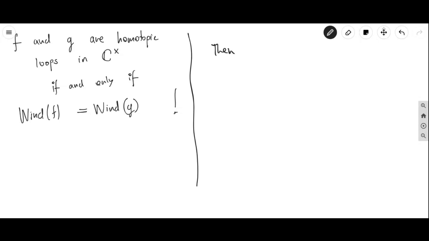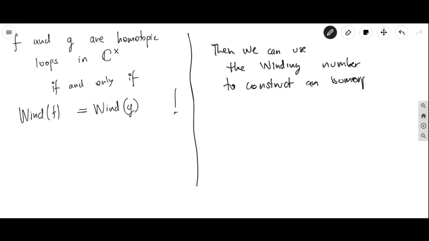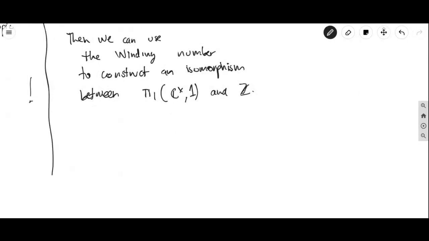So then we can use the winding number to construct an isomorphism between the fundamental group of the punctured plane and the integers. So what's the isomorphism?